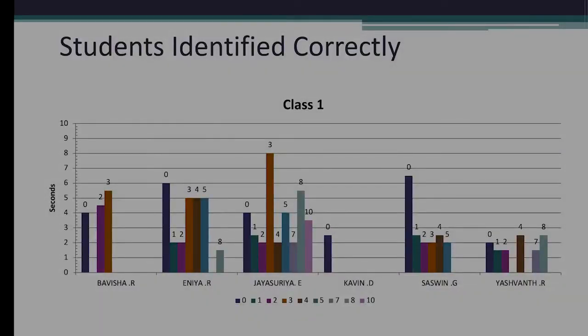So after taking those assessments, with this data we can derive these kinds of reports. For example, let's take the student Jai Surya, who has taken 8 seconds to identify the number 3. The same student has identified most of the numbers from 0 to 10 correctly.